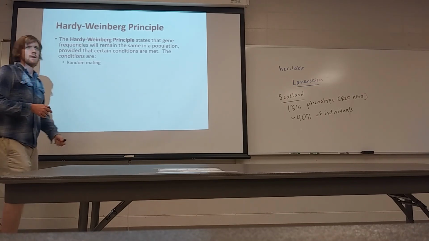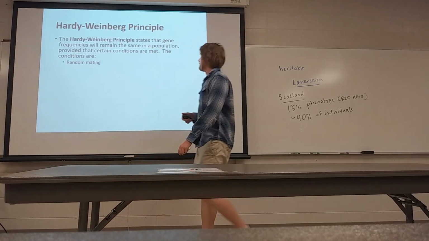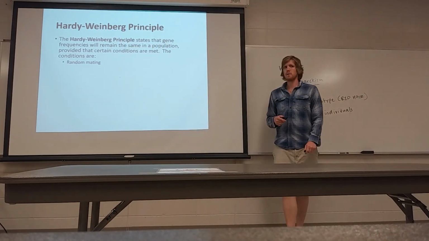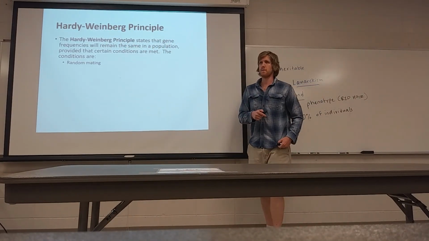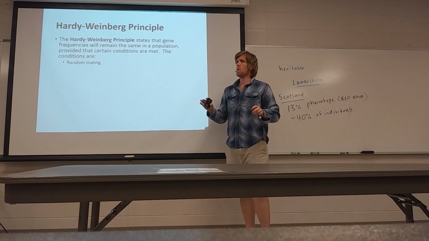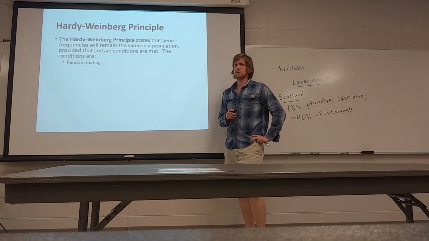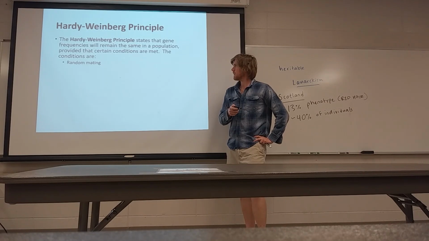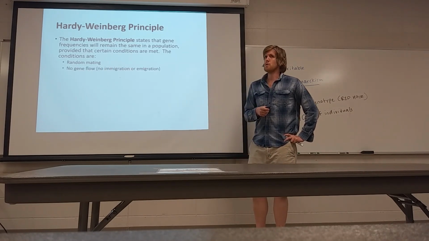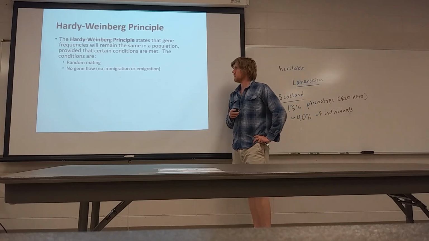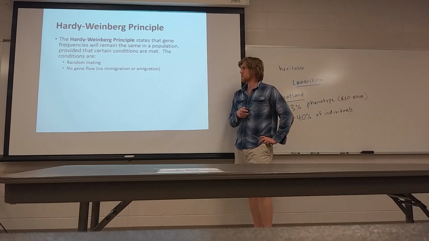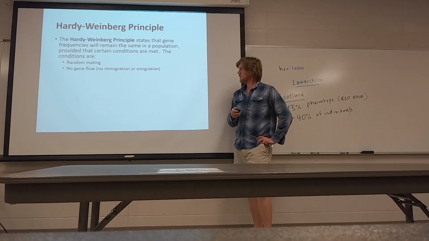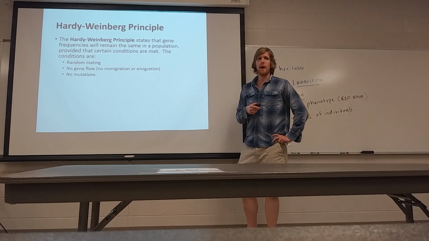Number one, mating is random, which means females don't pick males that have superior traits, or vice versa, or there's no sexual selection at all, it's just totally random mating. Condition number two, there isn't any movement of genes in or out of the population. There's no immigrating in or emigrating out of individuals. Mutations don't happen.